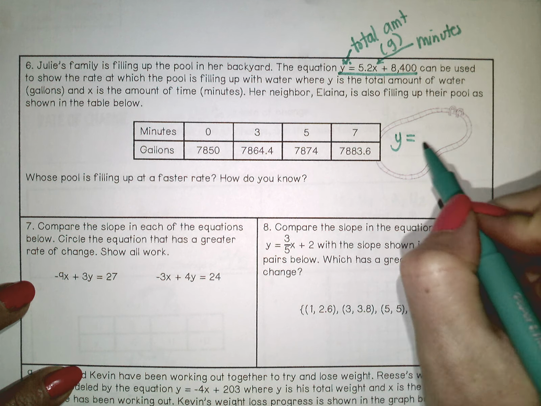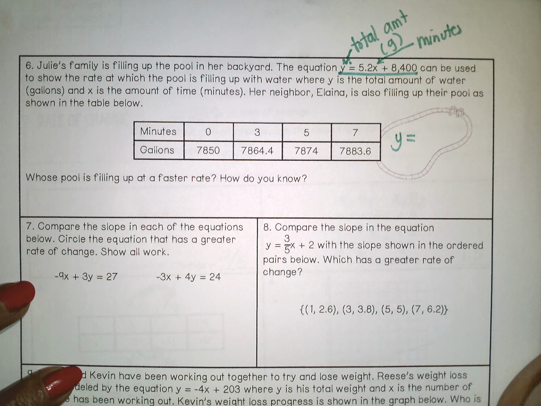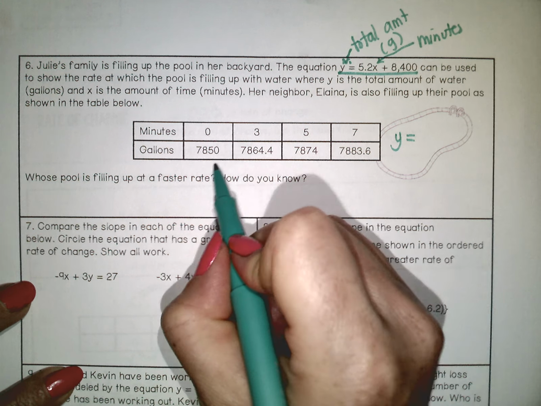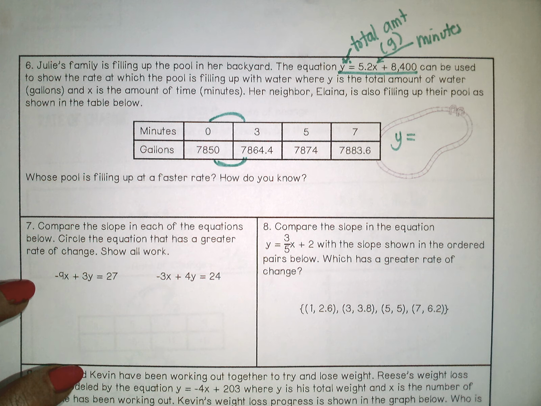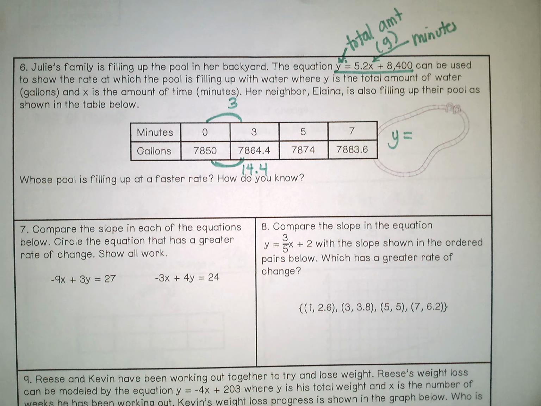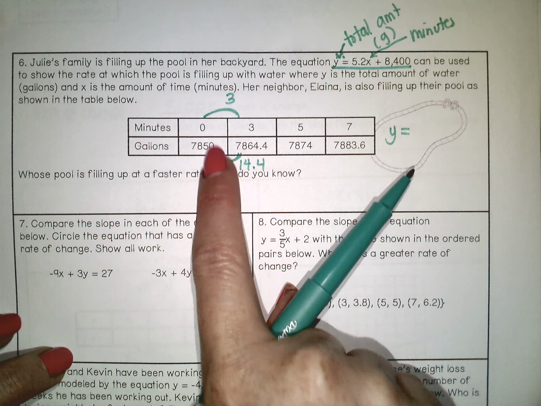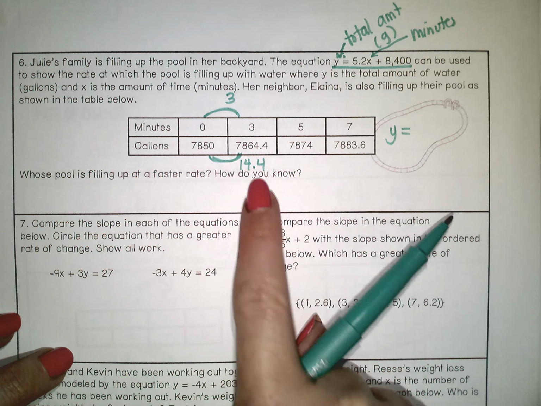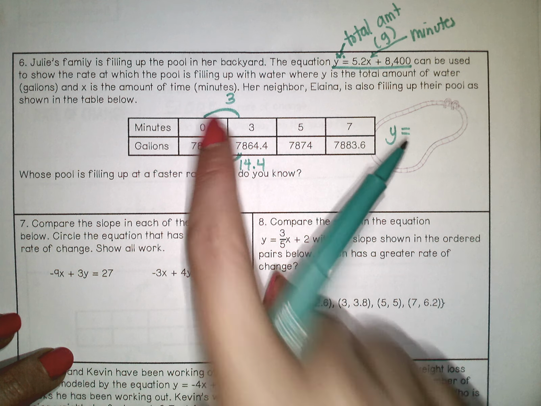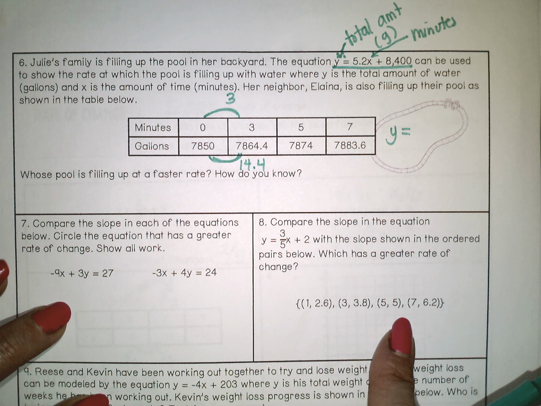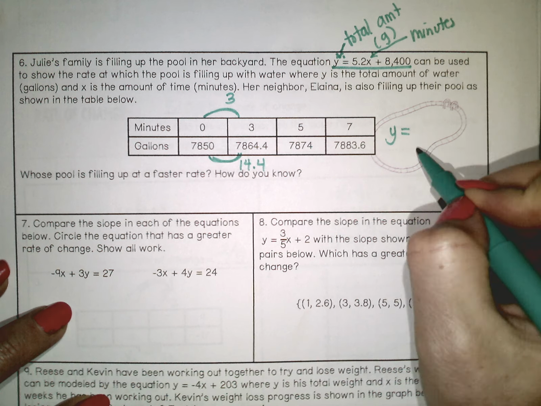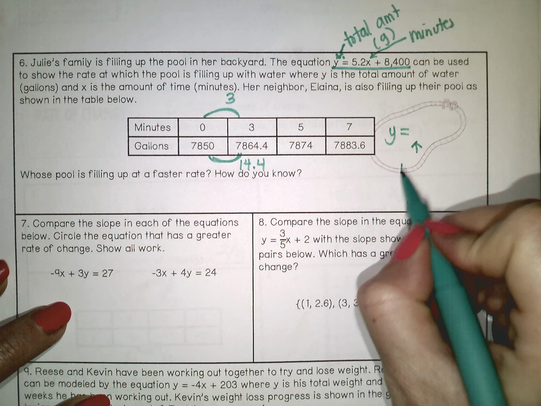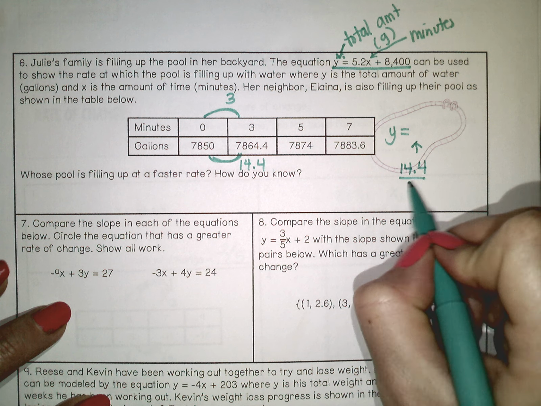So what's our change in y over our change in x? The change in my y value, I subtracted these two values, is 14.4. The change in the x values is 3. So remember, in order to find your slope, we divide our change in y by our change in x. So when you divide that, we get 4.8x.